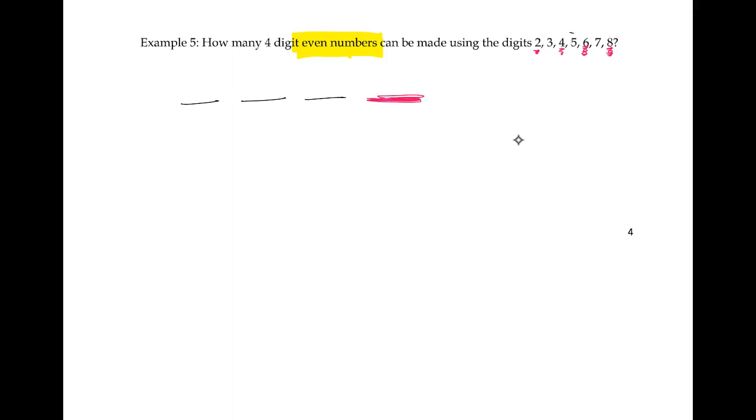So before I start filling in the beginning stuff, I am going to put a 4 here, because it could be 2, 4, 6, or 8. Those are my only options. Now, again, it doesn't say that I'm not allowed to repeat, which means that the rest of the digits can be formed using any of these numbers.